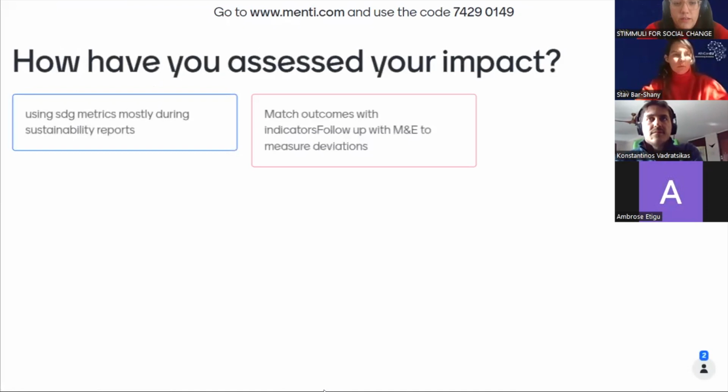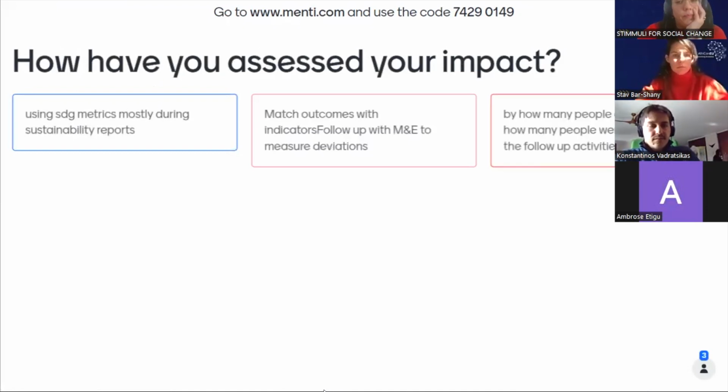Go back. Okay, we're getting some answers. Very nice. Match outcomes with indicators. Follow up with M&E to measure deviations. And then by how many?